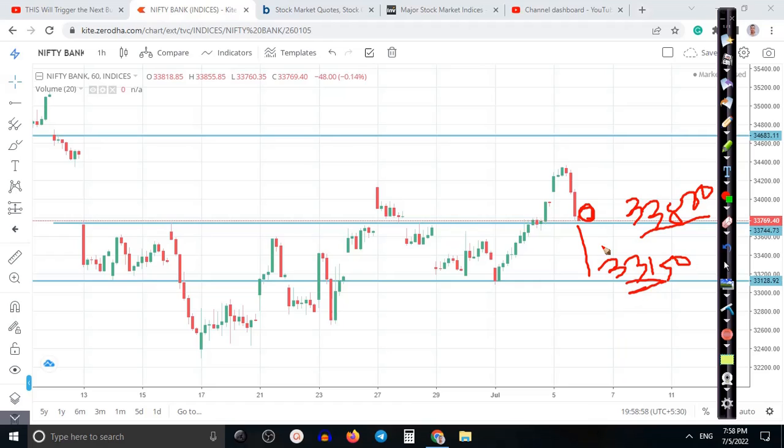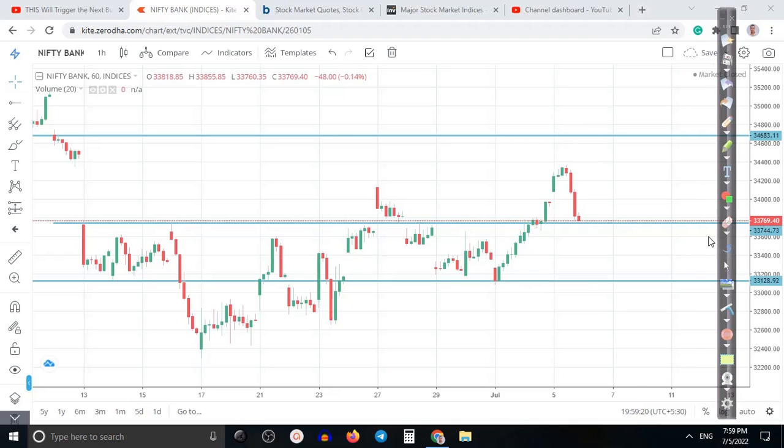That will be my target, and on the upper side around 34,680, that will be my target. So you just use your trading strategy and find this range. We are looking for a buy above 33,800 and a sell below 33,800, and the target is according to this support and resistance.